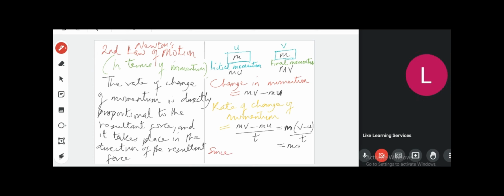Since ma is equal to force, it means force is the rate of change of momentum.